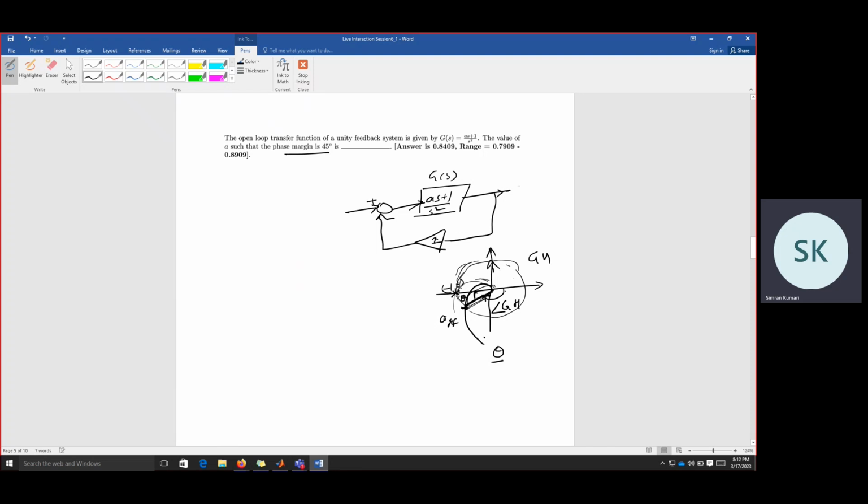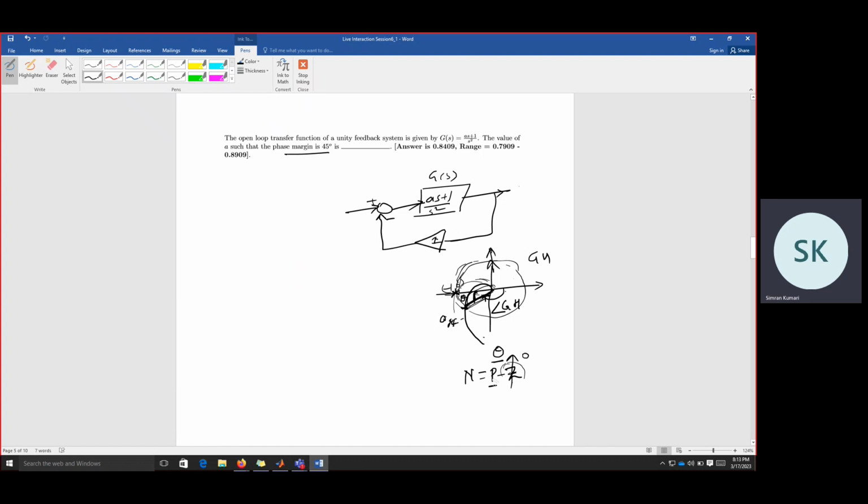In that case, the system proceeds to the verge of instability, because as of now it is stable. It is not passing through this point, or not enclosing this point, based on the number of open loop poles in the right half plane, and based on the Nyquist criterion, which is N equal to P minus Z. Z explains the number of poles of the closed loop system, so this should be 0.